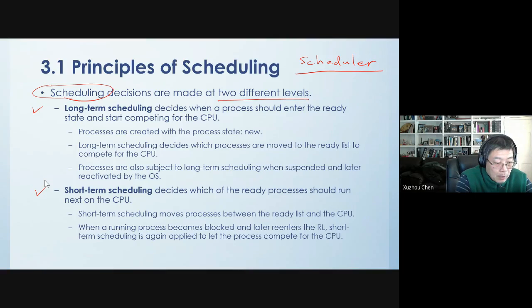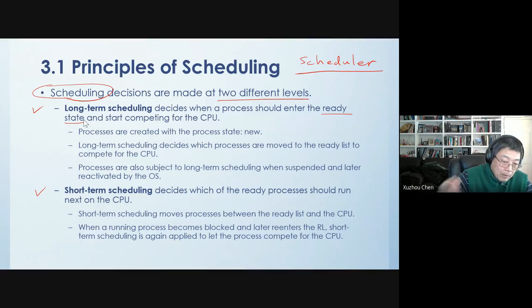So the long-term scheduling decides when a process should enter the ready state. Once the process is created, it's going to be loaded into memory.